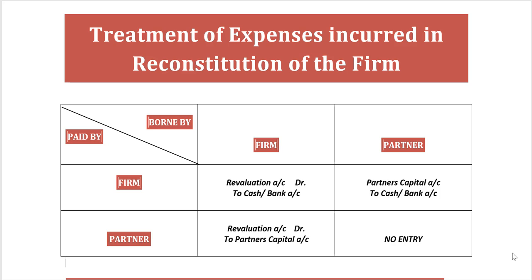The treatment of expenses will depend on who is to bear the expense and who has actually paid the expense. Now over here we have a table. The top says borne by firm and partner, and on the other side paid by firm and partner.